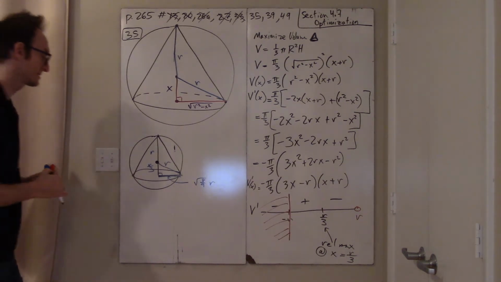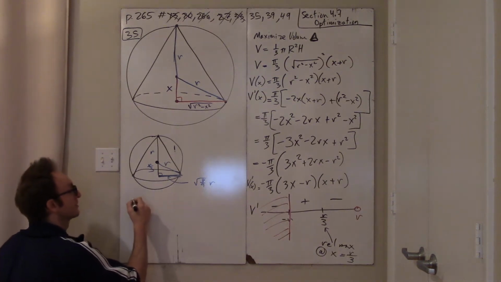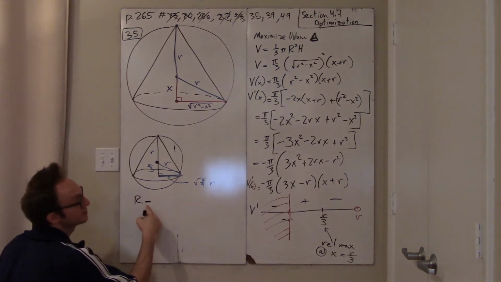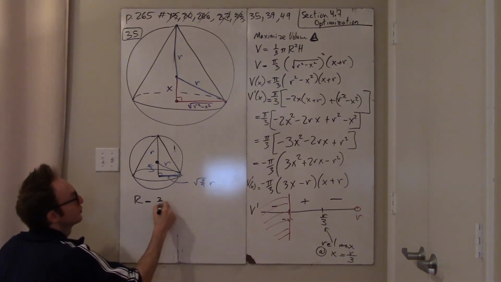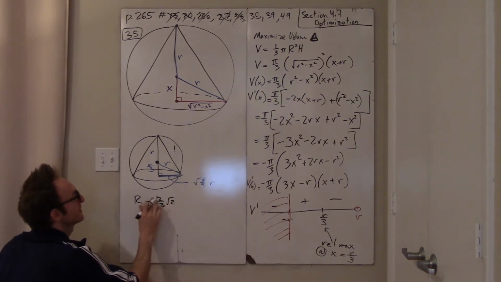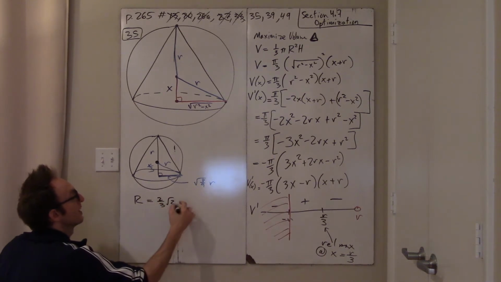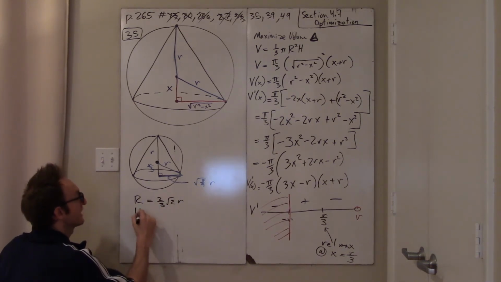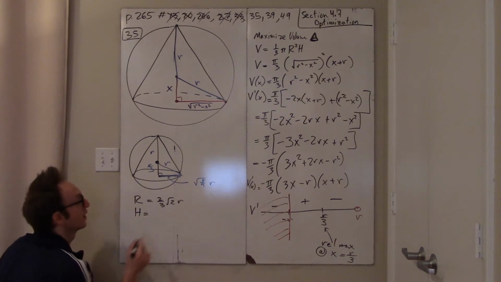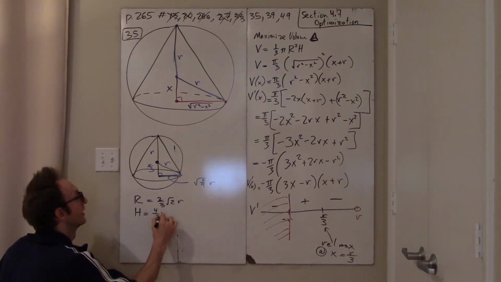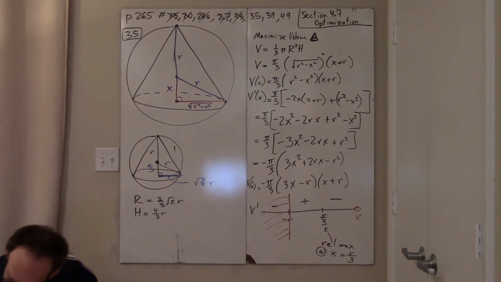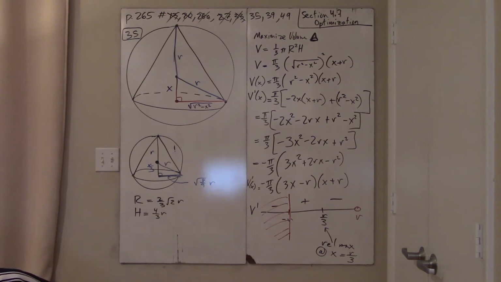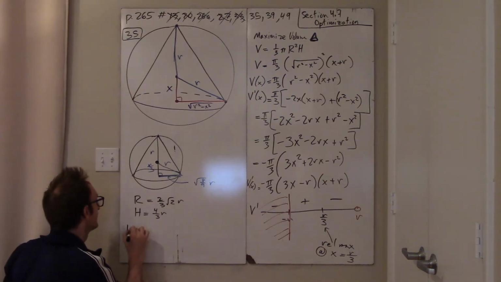And the answer is that you should set the radius of your cone to be, however you want to write this, 2/3 root 2 if you want to be fancy, little r, and you should let the height of your cone be 4/3 r. That to me is the real answer to the problem of what are the dimensions of the cone which maximize the volume. But the book says just find the volume. So we can just do that.